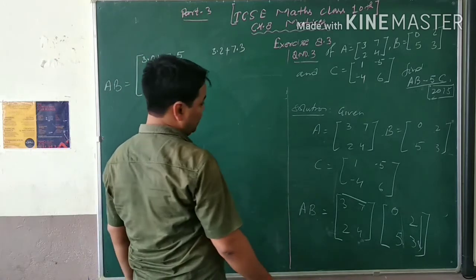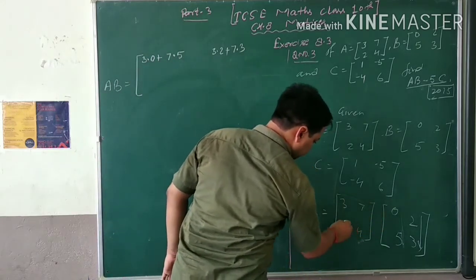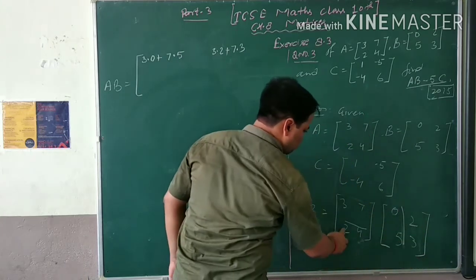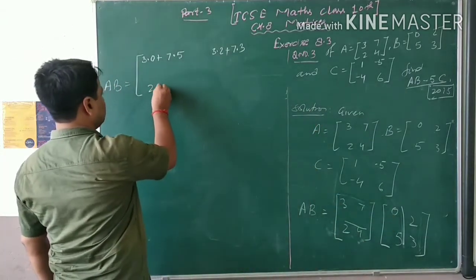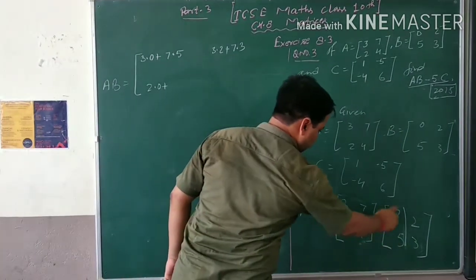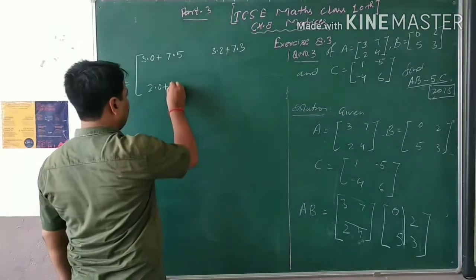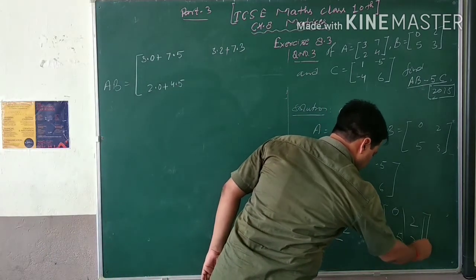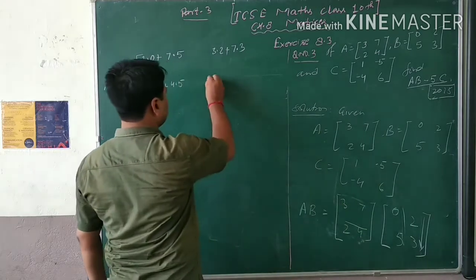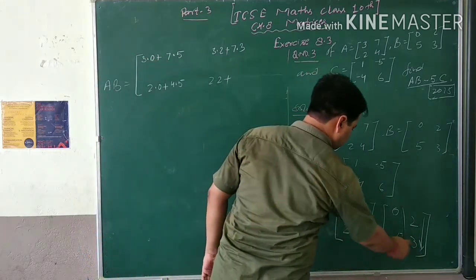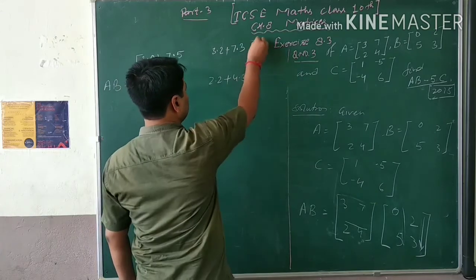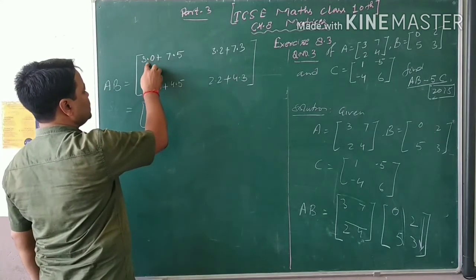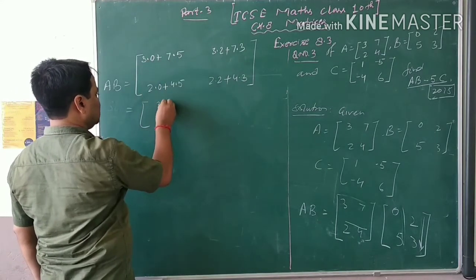Now second row and first column: 2 into 0 plus 4 into 5. Now second row, second column: 2 into 2 plus 4 into 3. Now the values: 3 into 0 is 0 and 7 fives are 35.